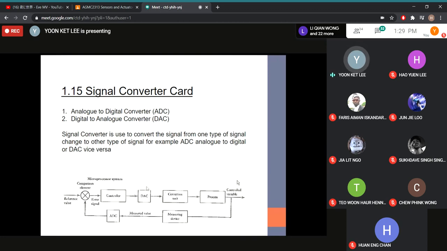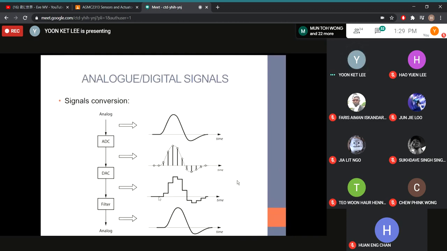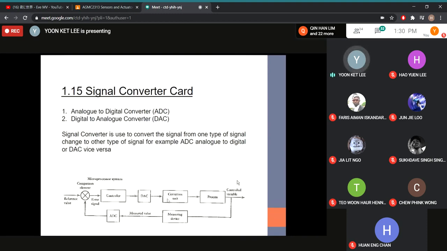That's why we need a bridge, which is our digital to analog converter. It converts the signal like this. If I have a signal, I convert it to this one, so that my motor can perform different velocities.